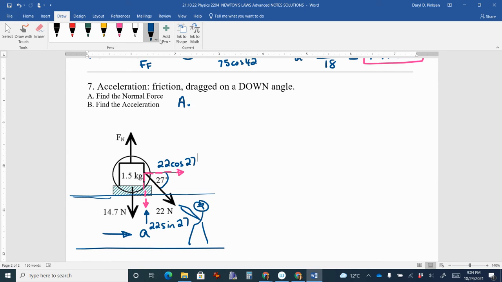And I'm looking for the Fn, which means I'm going to be looking at things in the vertical plane. Here's my free body diagram. Going up is only the normal force. Going down is the force of gravity, which in this case is 14.7. And going down is also whatever 22 sine 27 is.